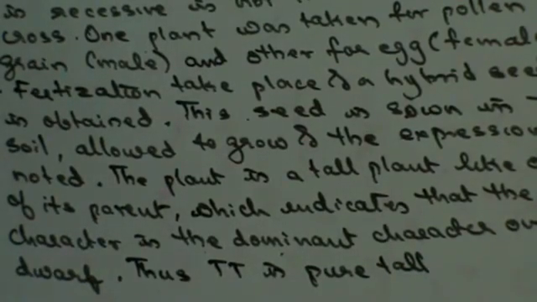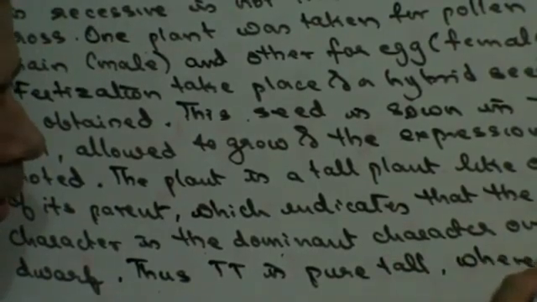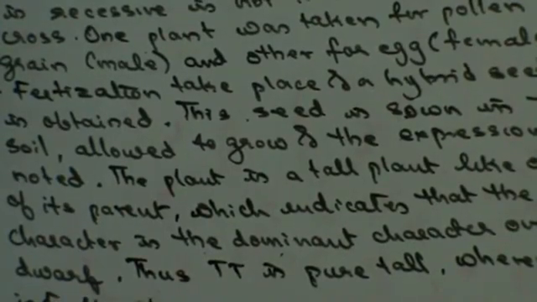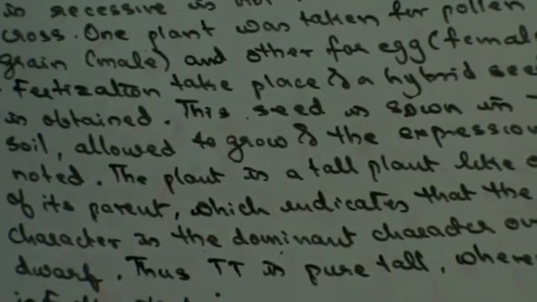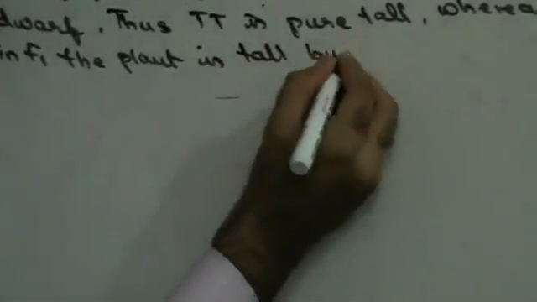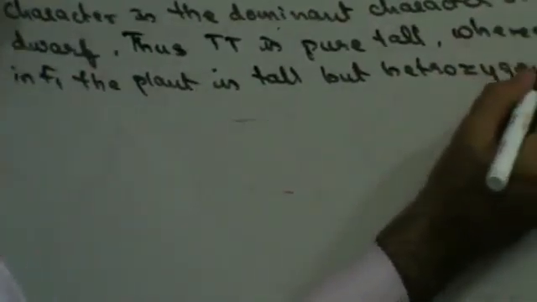Whereas in F1 the plant is tall but heterozygous, that means it has Tt, right? Hence, the dominant factor T suppresses the recessive factor t.